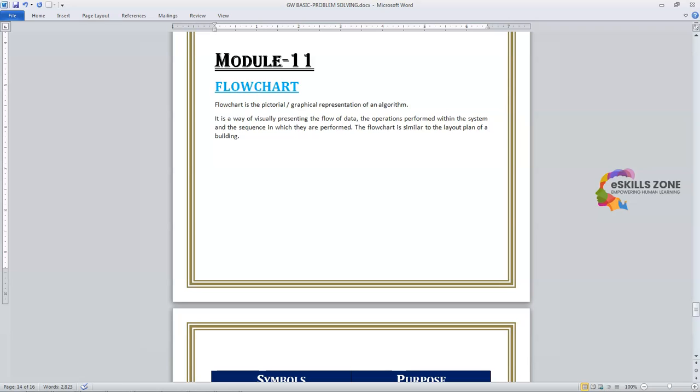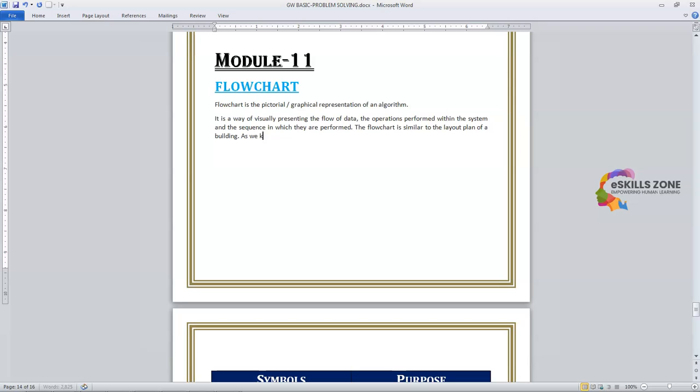Likewise, we draw a flowchart with the help of symbols that are connected together with the help of the flow lines, and it is used to represent the flow of data. So this way we can easily solve a problem and can make software according to that.